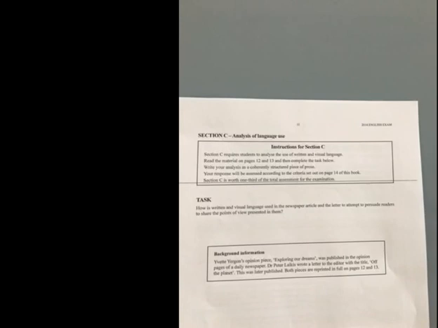Alright, so can someone get out that ugly acronym that we got with the practice SAC? Can you tell me what that is? Form, content. Alright, so we're going to do this together.